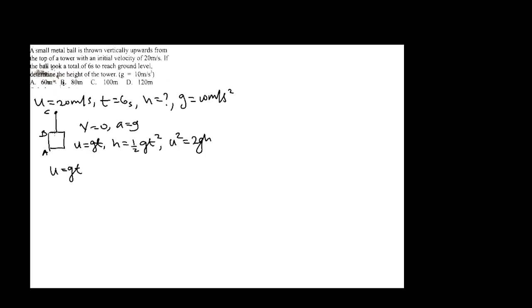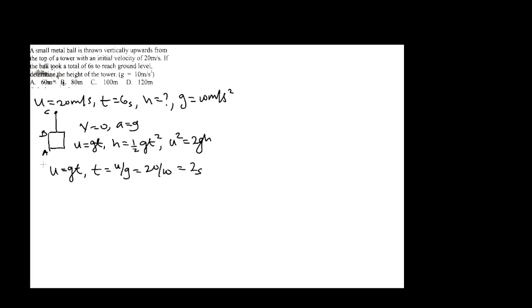So if that should be the case, we have that the time t is equal to u over g. So that will give us 20 over 10, and that will just be 2 seconds. So it takes 2 seconds for the body to move from point B, which is at the top of the platform, to the very top of the tower.